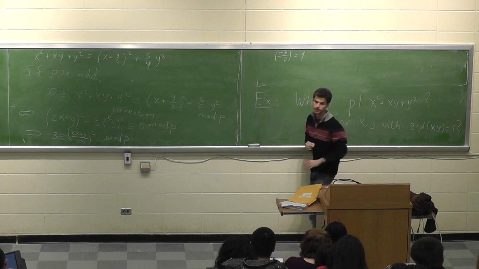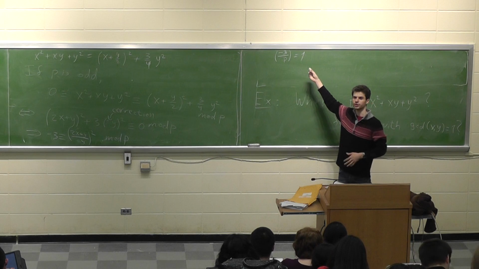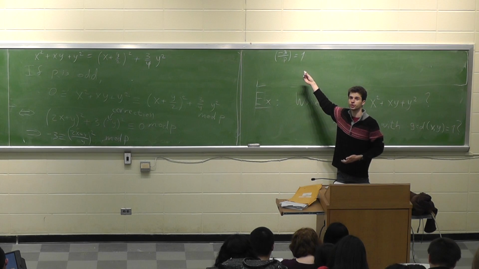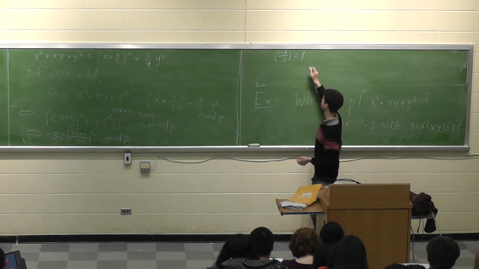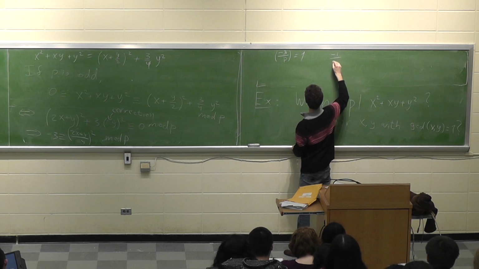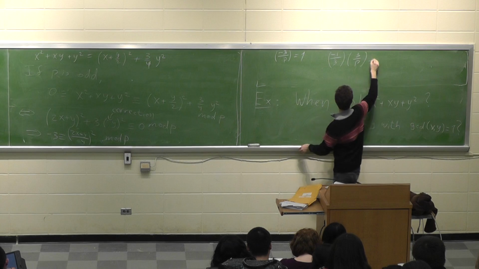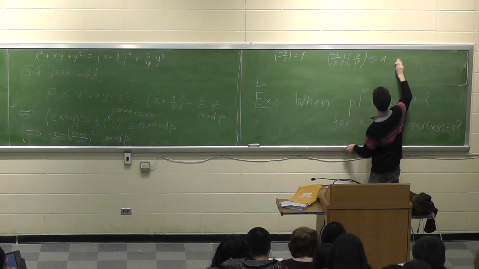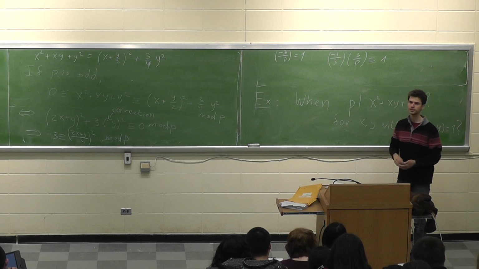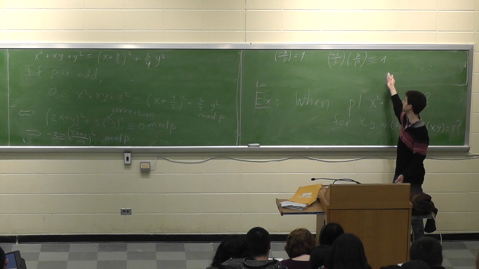Is equal to 1. And then we can once again figure out what this condition is telling you about p. So this means minus 1 over p times 3 over p is equal to 1. It's just a number.